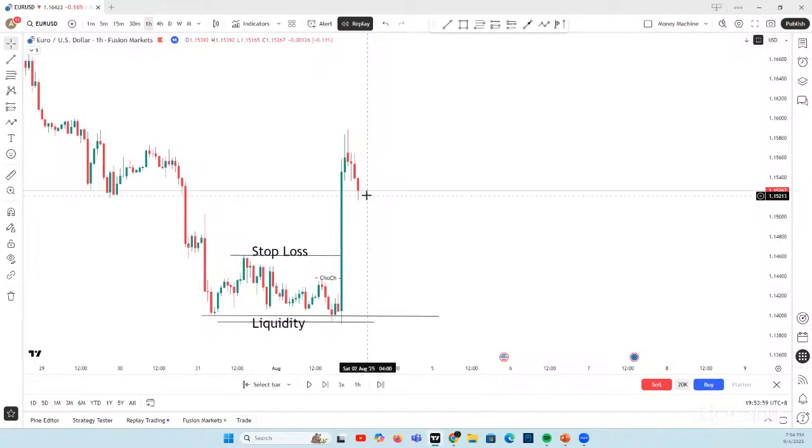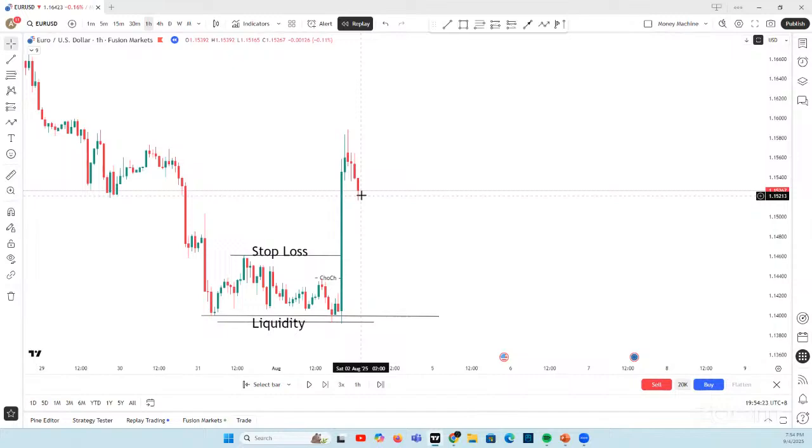No, my friend. When there's a pullback, we are going to the point of interest. Yes, maybe imbalance, because you want to look for that FVG, which is an imbalance. Yes, correct.